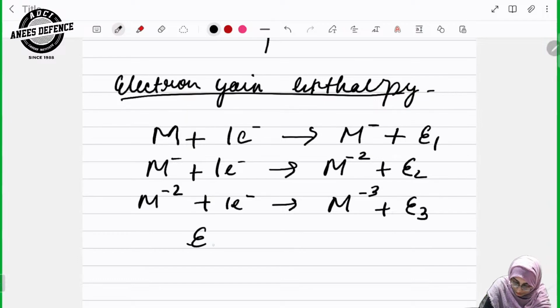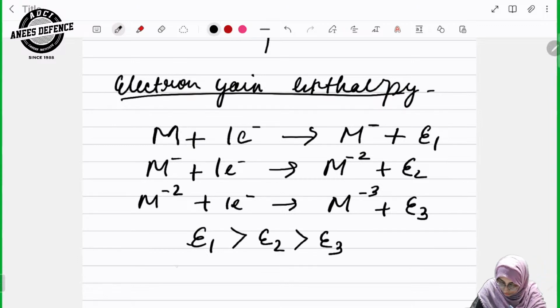The fact to remember here is E1 is greater than E2 is greater than E3. The value of electron affinity decreases as the addition of electrons becomes more and more difficult and possible only by absorbing some part of energy.